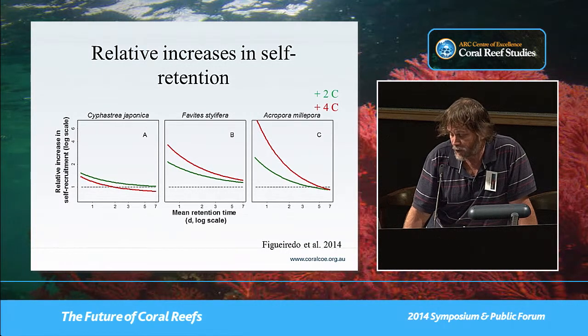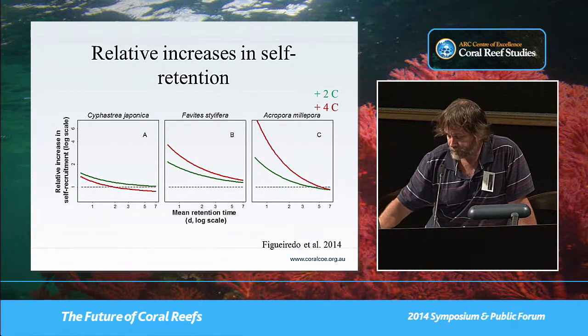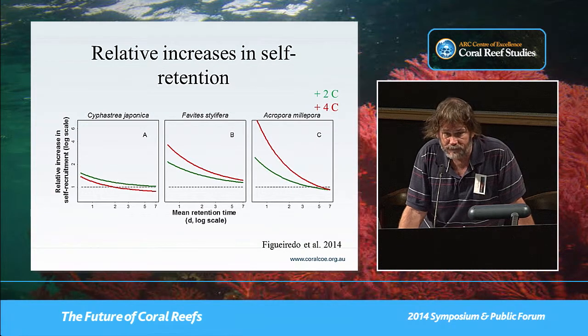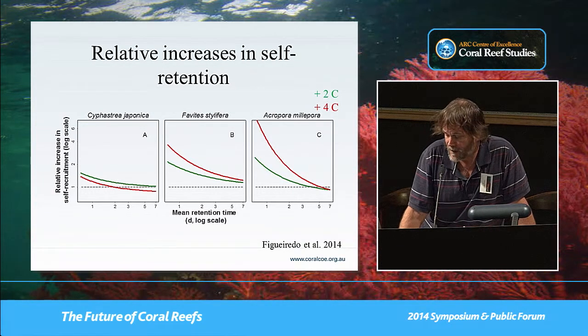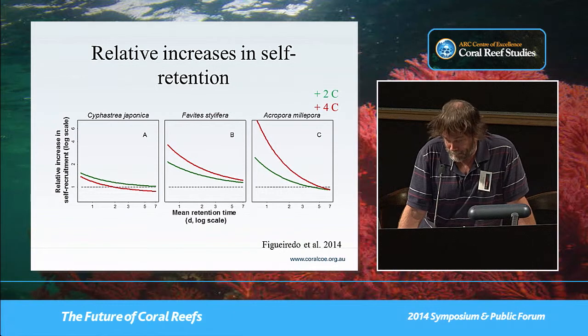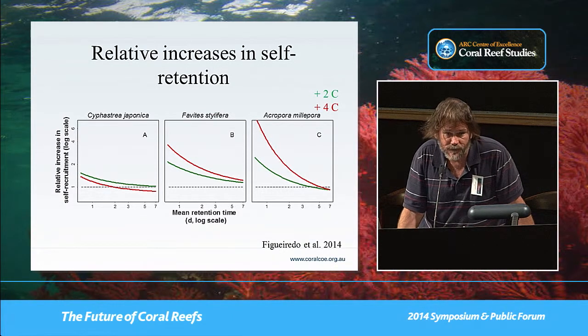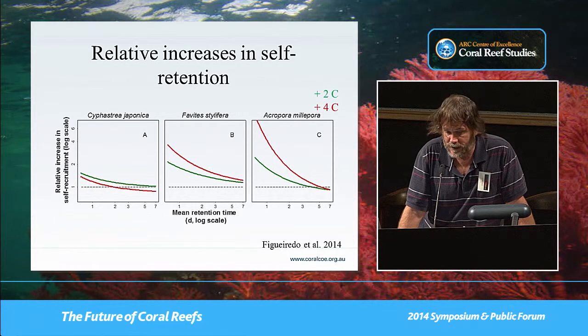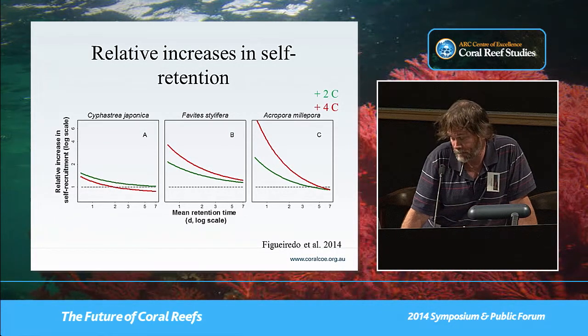So you can see that on reefs with an average retention time of a day, the increase at +2 degrees C will be approximately a 3-fold increase in rates of self-retention. At +4 C, we're going to get increased rates of self-retention of a 5-fold difference. So 5 times more larvae are going to remain on those reefs.